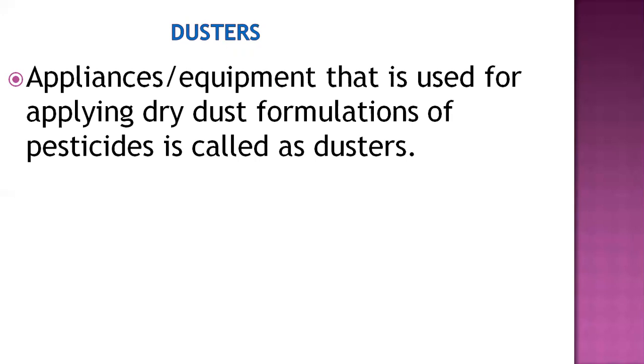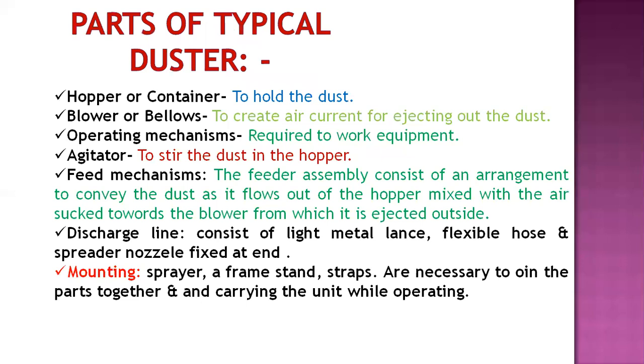If you want to control diseases, pests, or weeds, these are the targets. The dry dust formulation of pesticides is applied uniformly through this equipment, which is called a duster. Now let's see its parts.